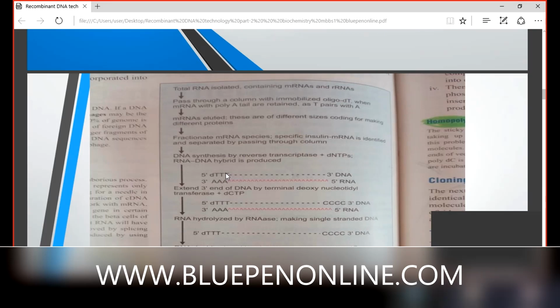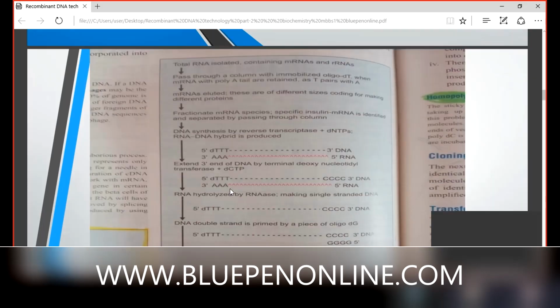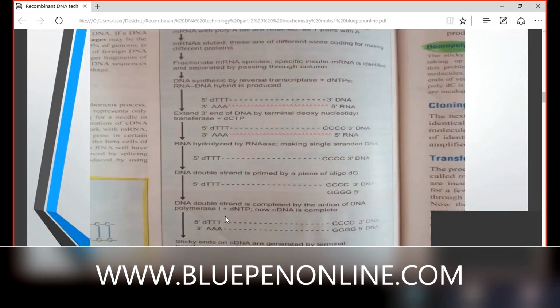RNA is a single stranded molecule, so first of all, we have to synthesize a double strand, known as an RNA-DNA hybrid. Then we extend the 3' end of DNA by terminal deoxynucleotidyl transferase, and the RNA is hydrolyzed by RNase, making a single stranded DNA. Then we form a double stranded DNA, which is completed by the action of DNA polymerase.